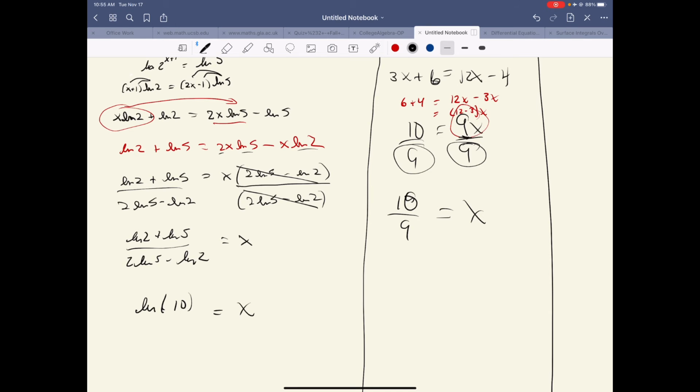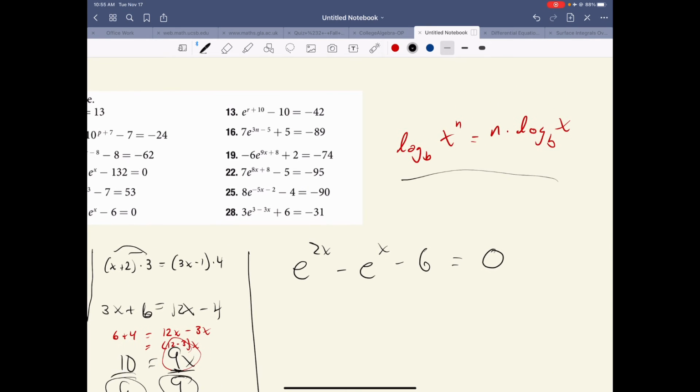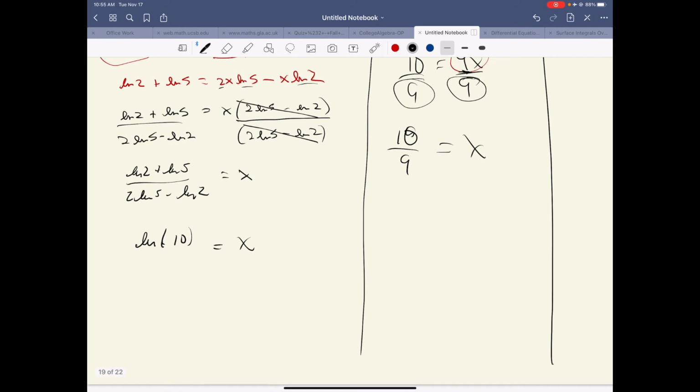And then on the bottom, we already talked about this rule that says you can bring powers down, but then that should mean that we could take numbers out front and stick them back up. And so that 2, I'm going to move up there, so that should be ln of 5 squared. But 5 squared is 25, and then minus ln 2.